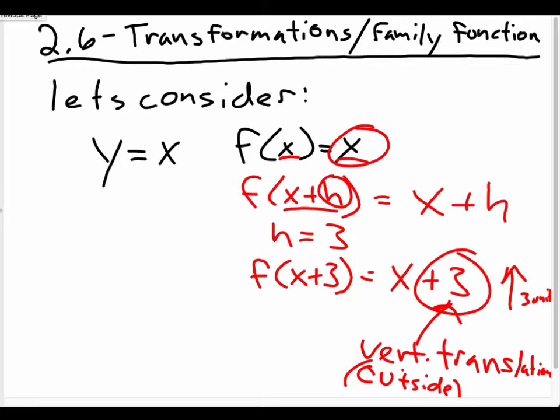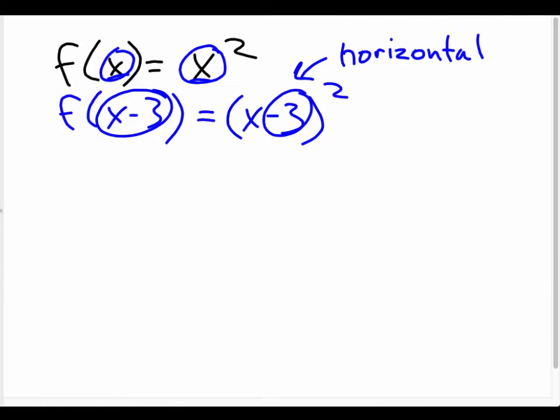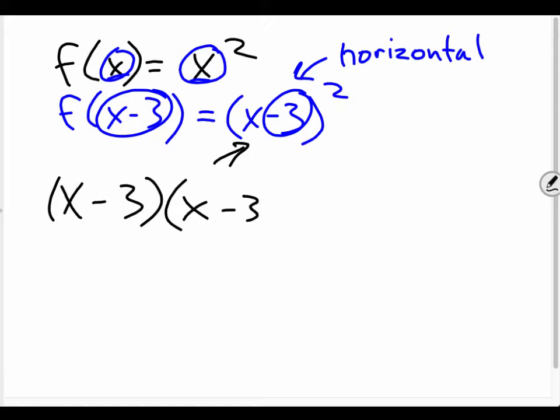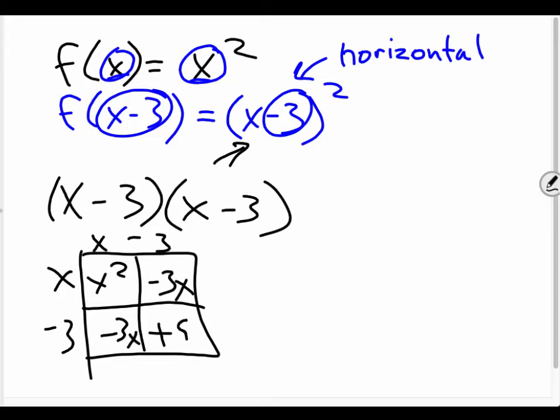Now where this comes from is basically what occurs. This is a little different. This is really x minus 3 times the quantity x minus 3, which is actually x minus 3 times x minus 3, which is x squared minus 3x minus 3x plus 9.